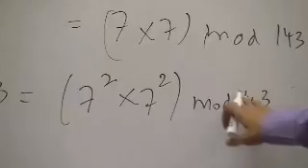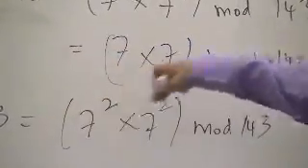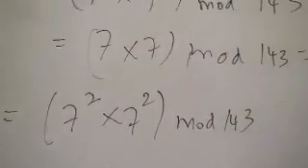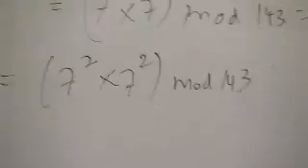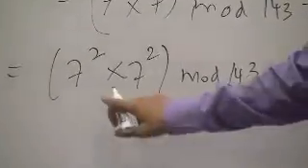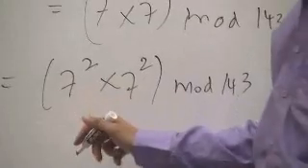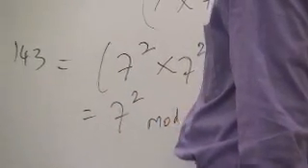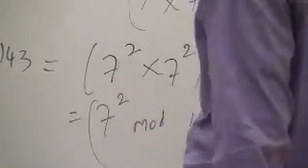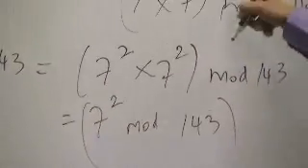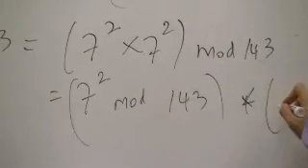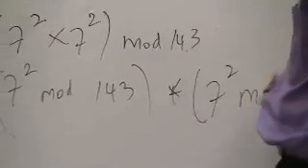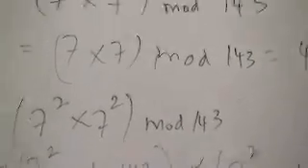Take the mod operator inside: it is 7 squared mod 143 times 7 squared mod 143. I can take this mod operator inside, right? That's what I should have done here too, but I just assumed you figured it out. And just multiply together.